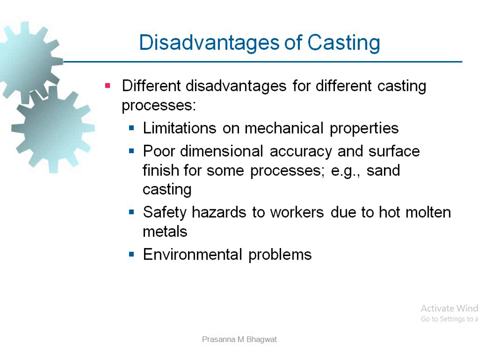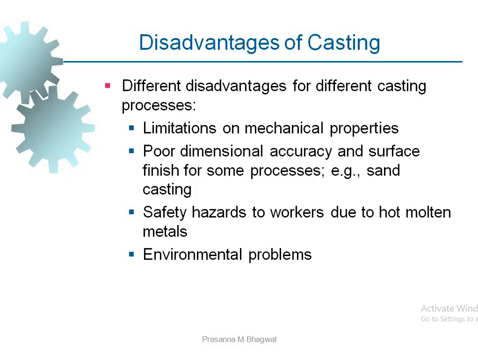Again, the disadvantages associated with castings: there are limitations of mechanical properties, and poor dimensional accuracy and surface finish for some processes, for example sand casting, because there are possibilities of sand being washed or the sand mold getting broken, so you will have very poor dimensional accuracy or surface finish, but you can still do casting with the help of sand.